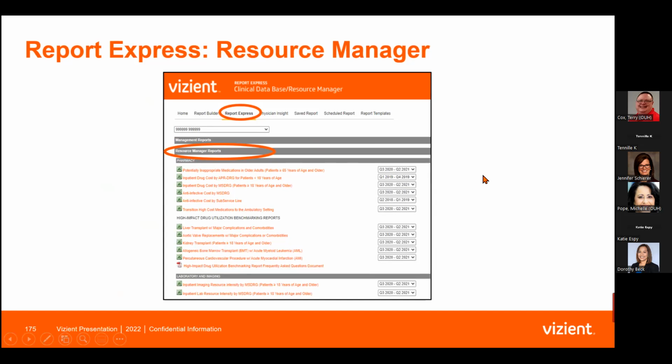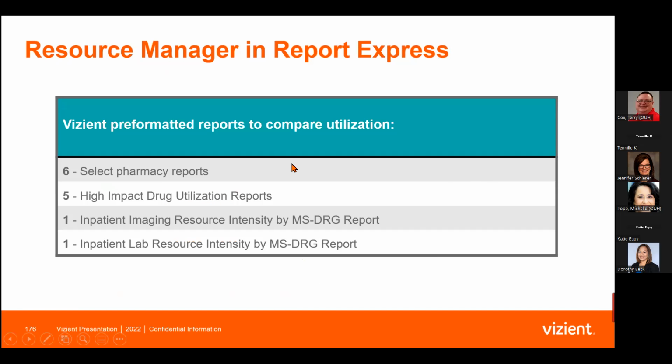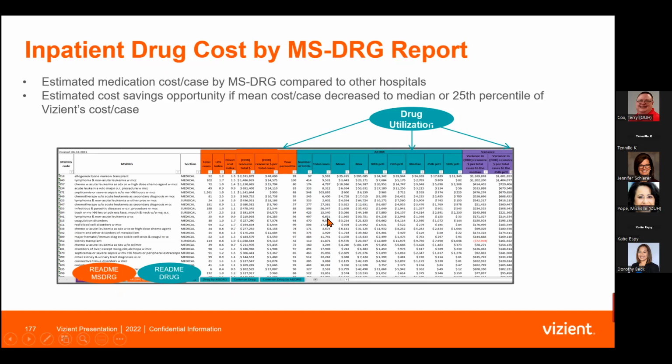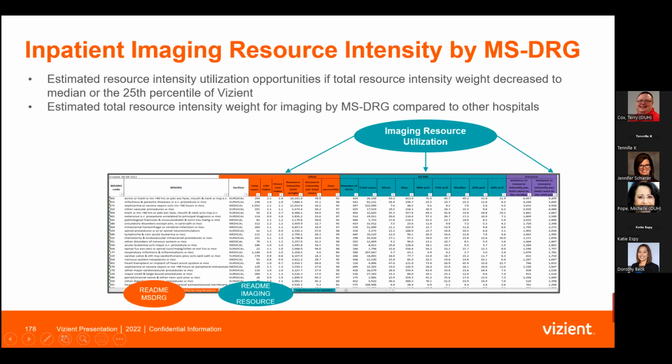Again, you'll see 6 select pharmacy reports. There's 5 high impact drug utilization reports, 1 inpatient imaging resource intensity by MSTRG, and 1 lab resource intensity by MSTRG. And then this one, one of our most popular reports, inpatient drug costs by MSTRG.